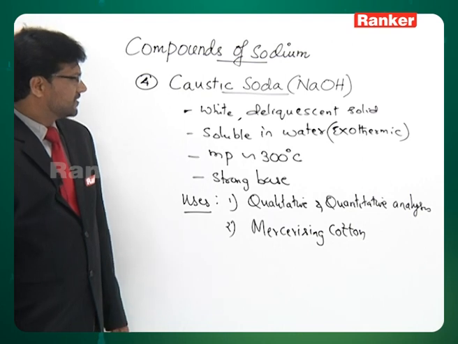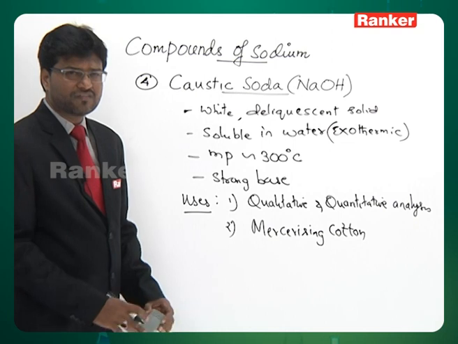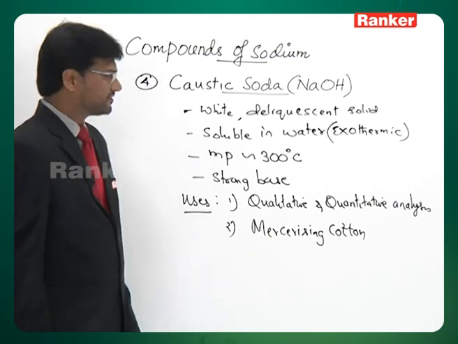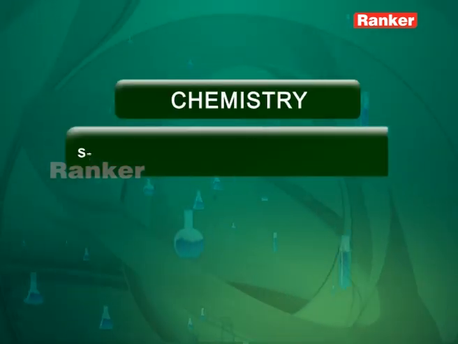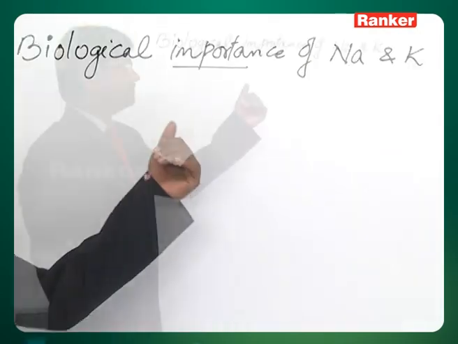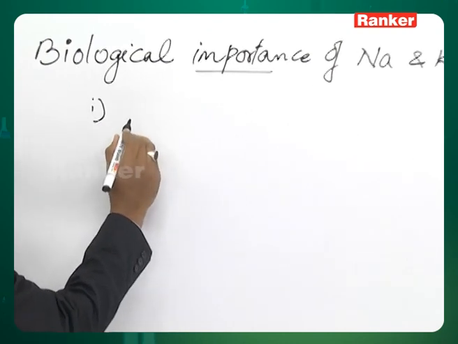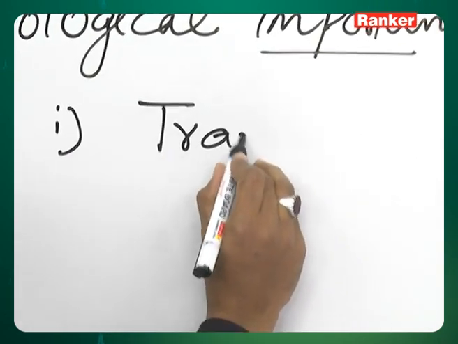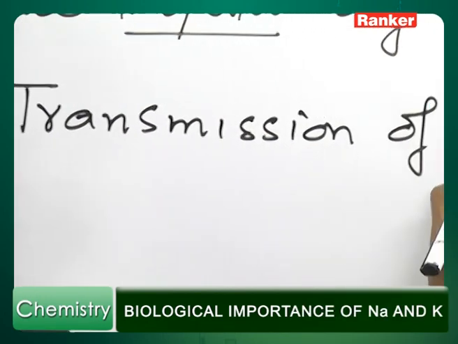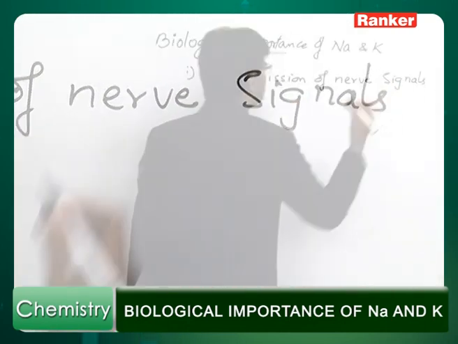That completes caustic soda. Now we'll talk about the biological importance of sodium and potassium. Let's now discuss the biological importance of sodium and potassium. Number one is transmission of nerve signals.